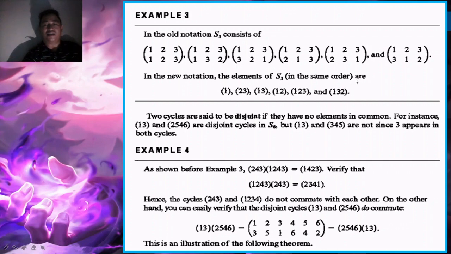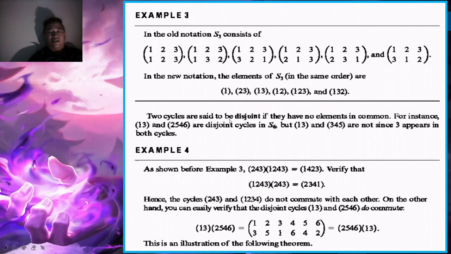In the new notation, we rewrite them like this. 1 goes to 1, 2 goes to 2, 3 goes to 3, so that is the identity. We could use (2) or (3) too, since they are the same, but for neatness we only use (1). Here, 1 goes to 1, so okay. Then (2 3): 2 goes to 3, 3 goes to 2. And (1 3): 1 goes to 3 and 3 goes to 1, while 2 goes to 2. And the rest likewise.